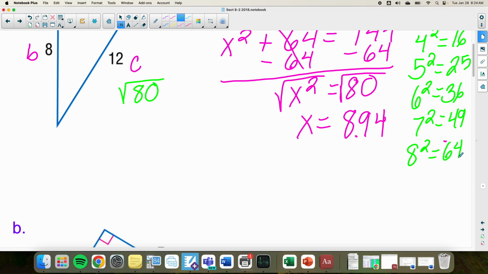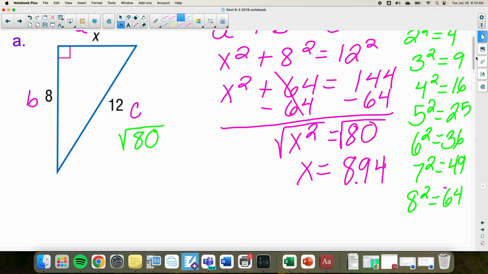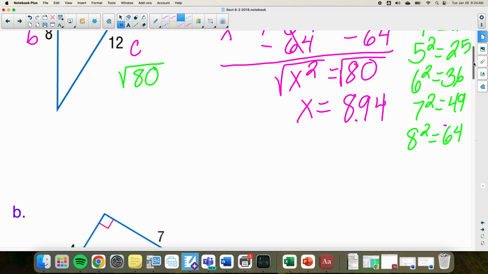What you do when you try to simplify a radical is you look if there is a perfect square that divides evenly into 80. You would start with the one that's just less than it, because you want the biggest perfect square that goes in there. And you would think, does 80 divided by 64 give us a whole number? And it doesn't. Does 80 divided by 49 give us a whole number?